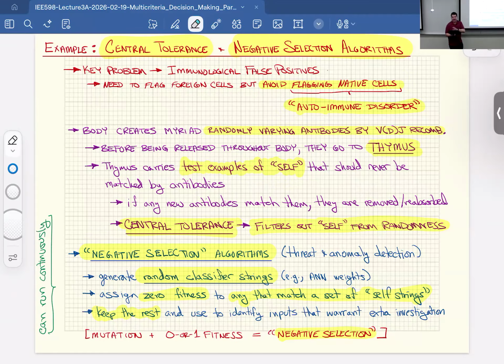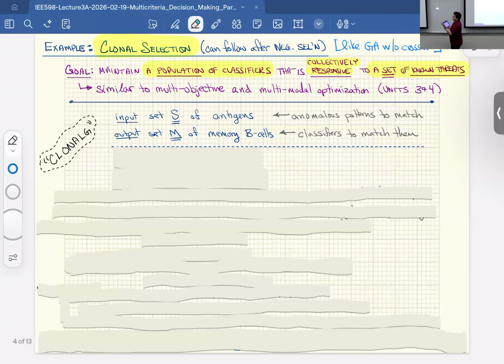The other big category of artificial immune systems, where I'm actually going to give you some pseudocode, is clonal selection. Sometimes you can follow this after negative selection. So you've now got a suite of antibodies, and now you actually start learning that there are some antigens out there that are bad.